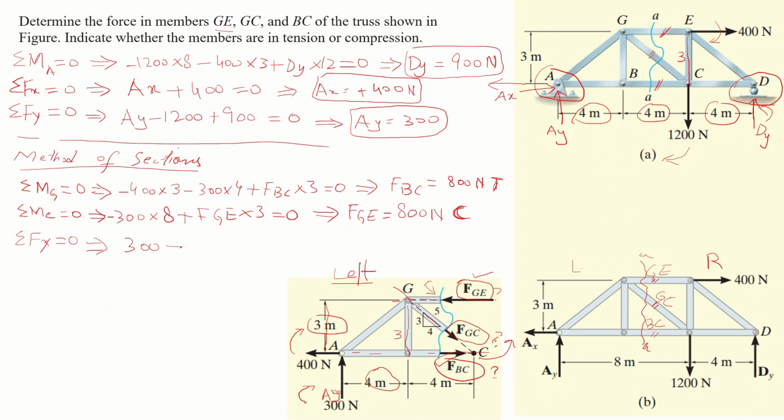So negative FGC sine theta, and you already know that sine theta is equal to perpendicular over hypotenuse. In this small triangle, perpendicular is 3 and hypotenuse is 5.